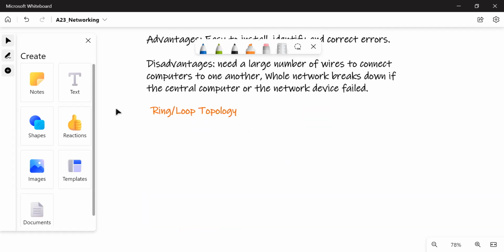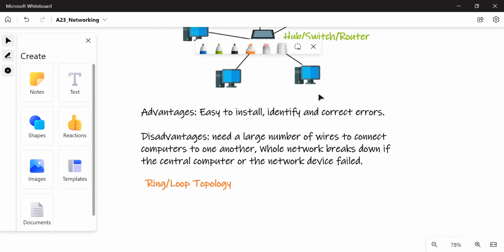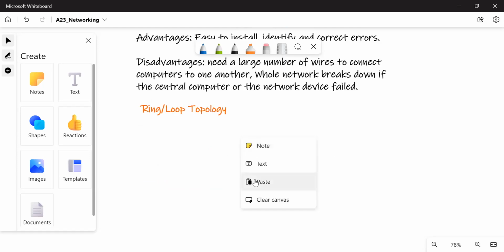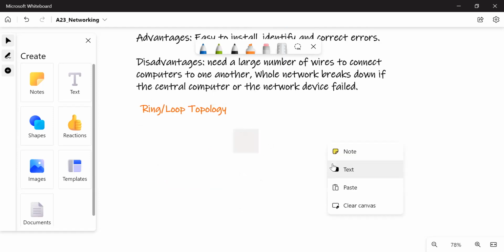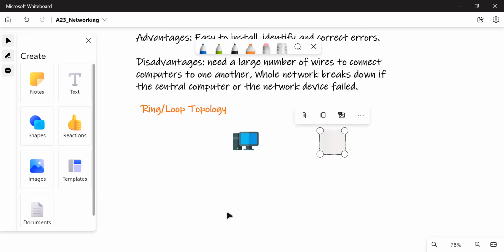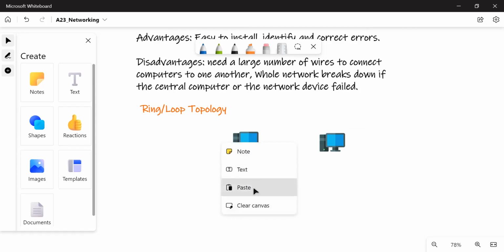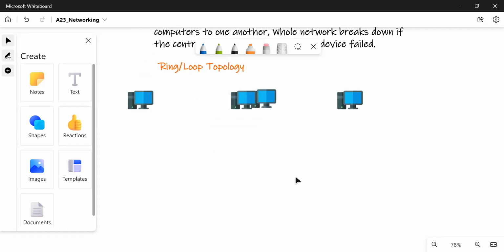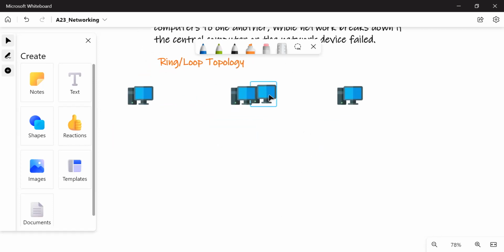Ring topology. Right. Now, in ring topology, what we have is a couple of computers. Now they are connected as a ring to each other, right? So it will form what we call a ring here. So we will have a ring topology.